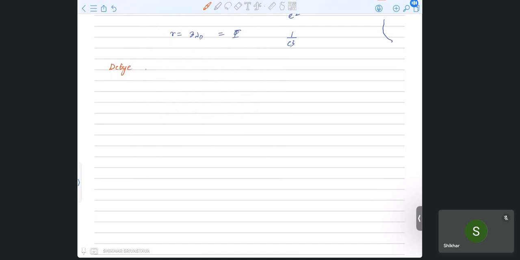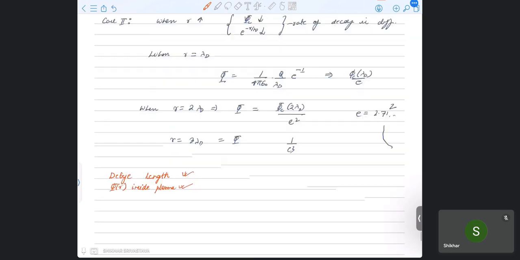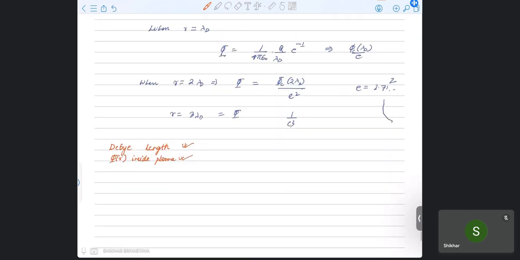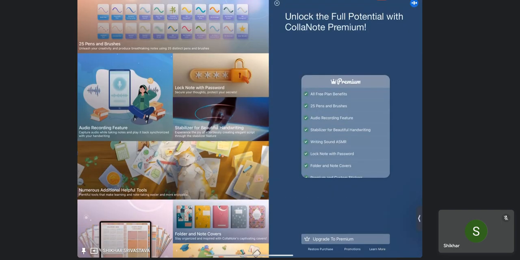We know what is Debye length, and we know what is the potential phi r inside the plasma. This phi r is the potential which is created due to the presence of a test charge which was introduced in the plasma.